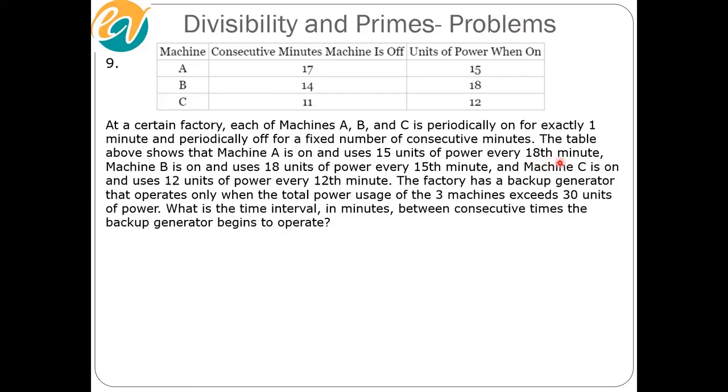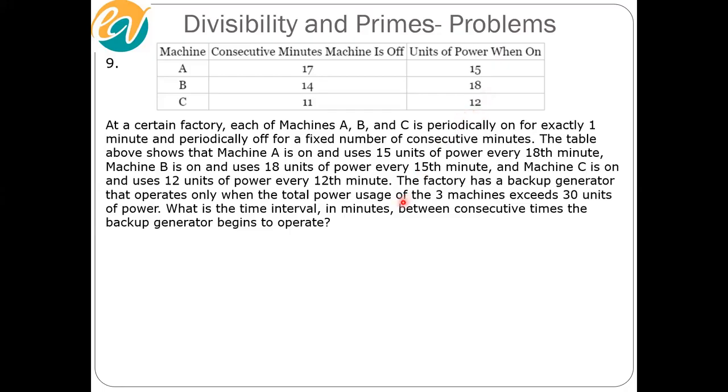And in that 18th minute, how much power does it consume? 15 units. Similarly, machine B is operational every 15th minute, and in that 15th minute, machine B consumes 18 units of power. Machine C is operational every 12th minute, and in that 12th minute, it consumes 12 units of power, right?